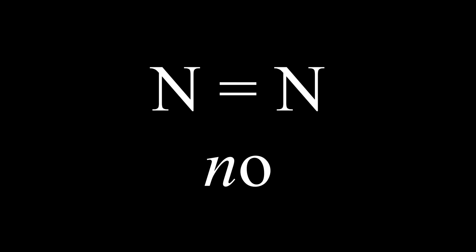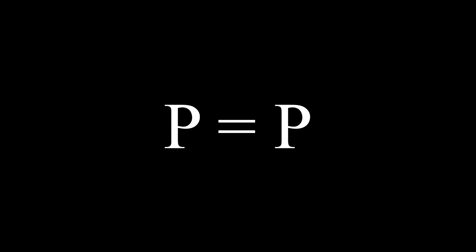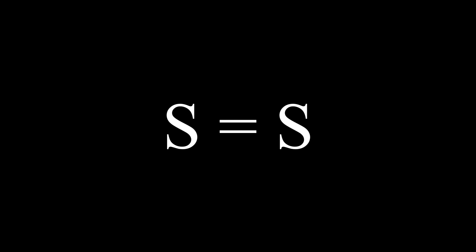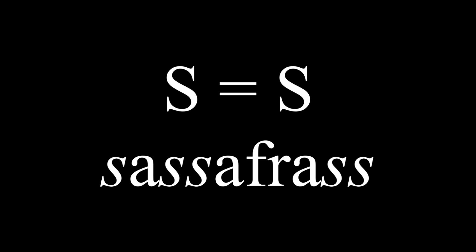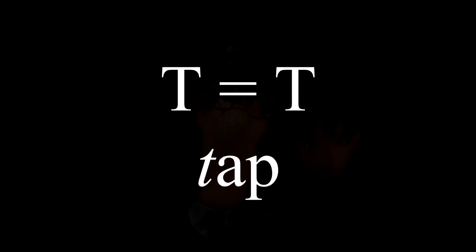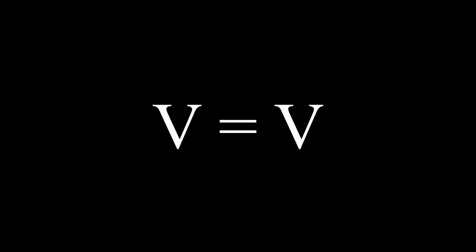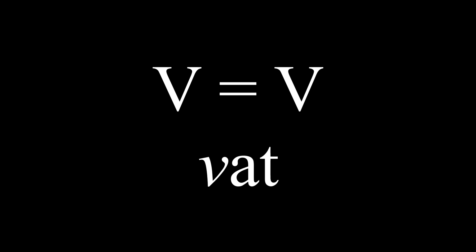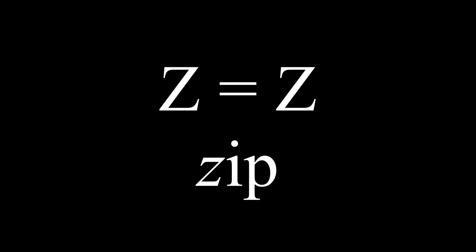N will be pronounced N, as in no. P will be pronounced P, as in pig. S will be pronounced S, as in sassafras. T will be pronounced T, as in tap. V will be pronounced V, as in vat. And Z will be pronounced Z, as in zip.